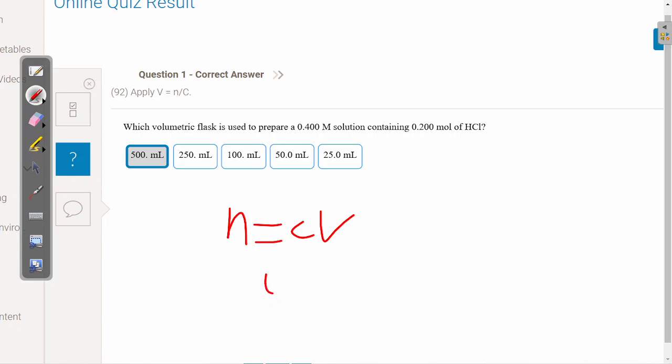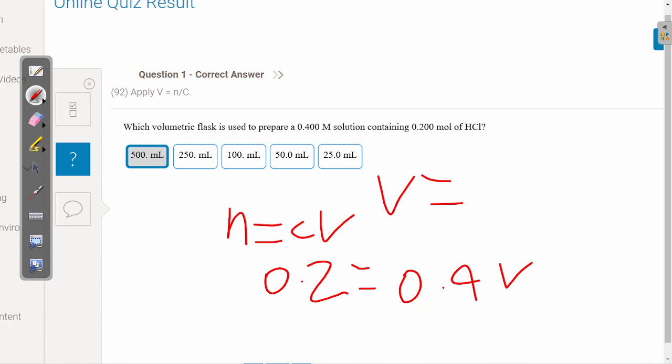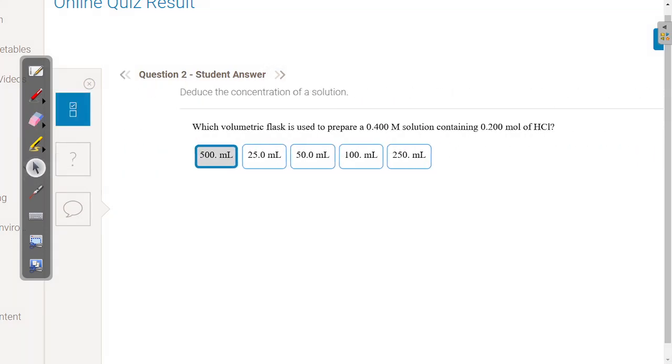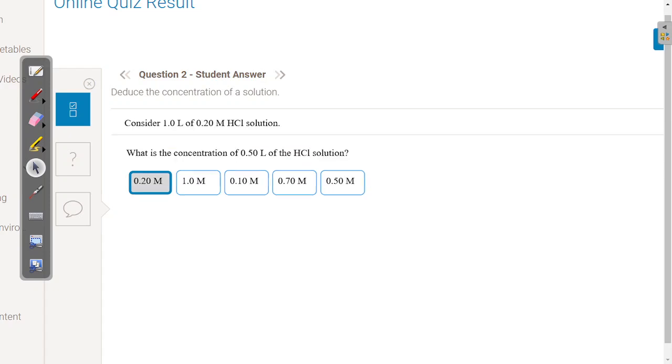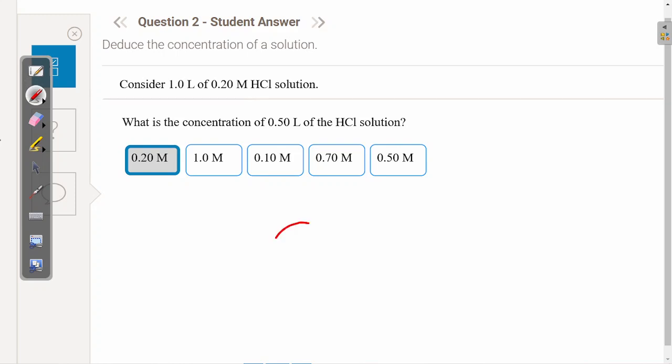So 0.2 moles equals 0.4 times V. So V will be 0.2 over 0.4, which is 0.5 liters. To convert to milliliters you multiply by 1,000, so 500.